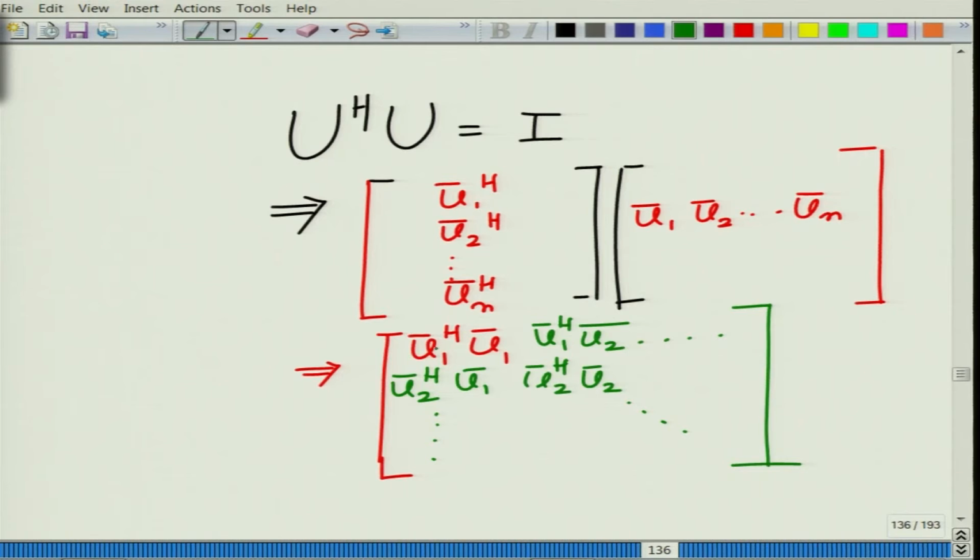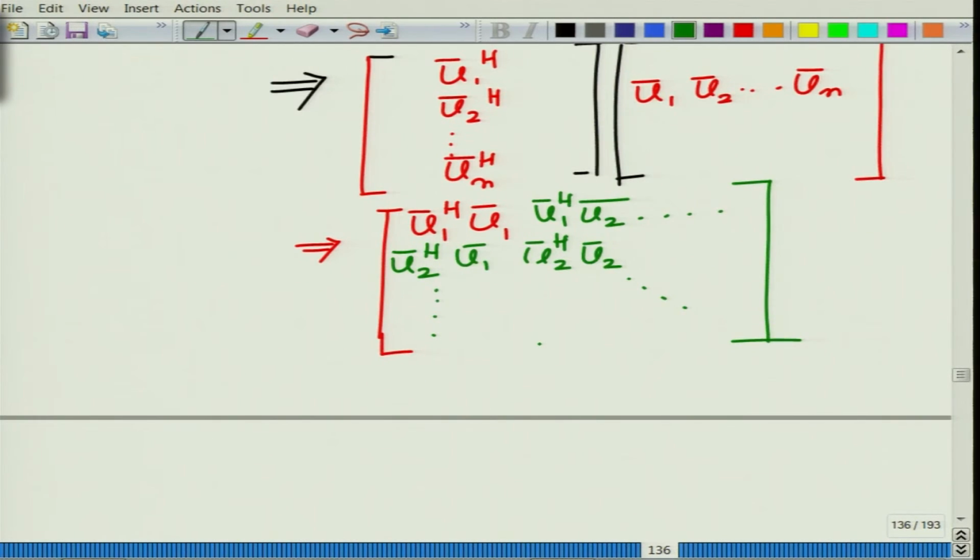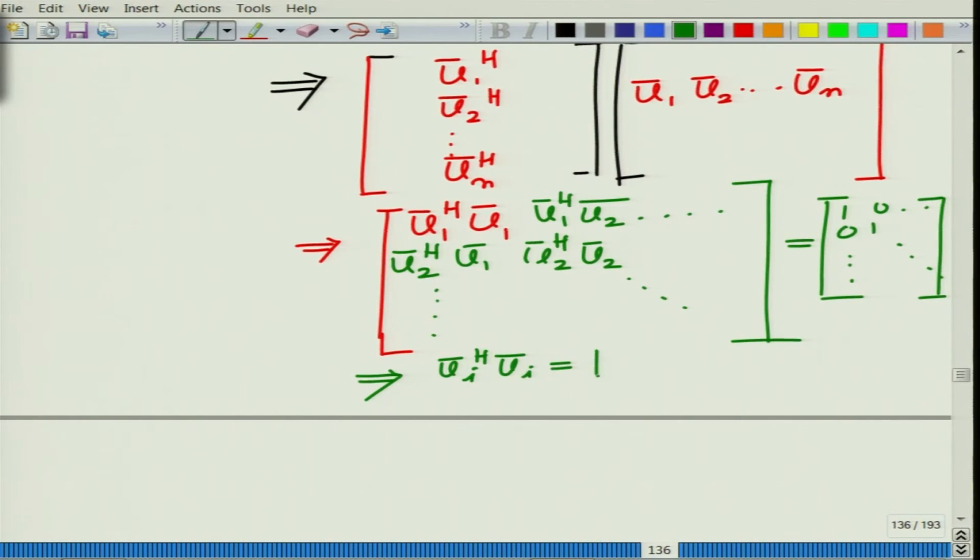And the diagonal entries are 1. This is equal to identity, right? And what is identity? Identity is a matrix which has all the diagonal entries 1 and the off diagonal entries 0. So, this implies that ui bar Hermitian ui bar, which is equal to norm ui bar square, is equal to 1, and ui bar Hermitian uj bar equal to 0 if i not equal to j, that is, off diagonal entries are 0.